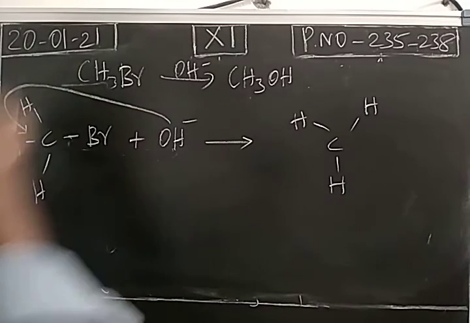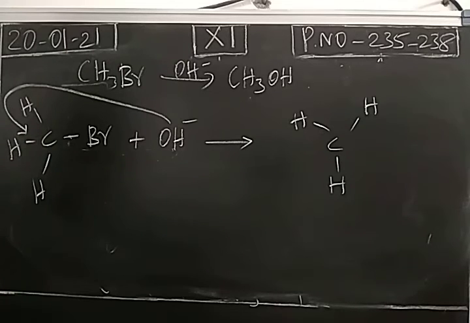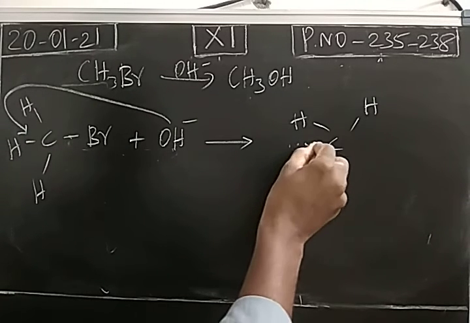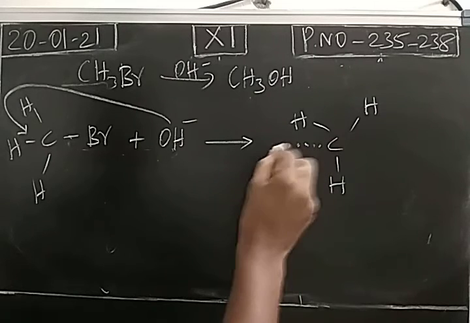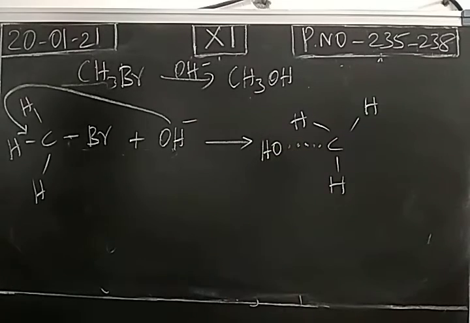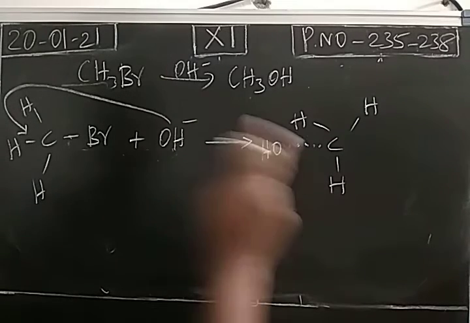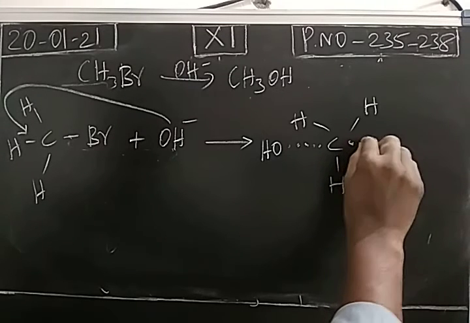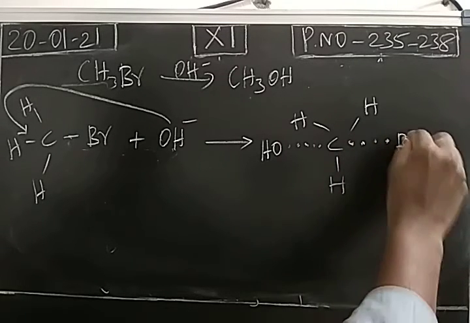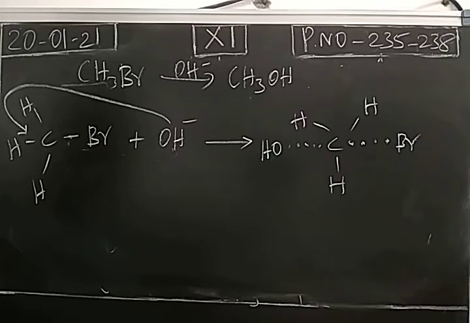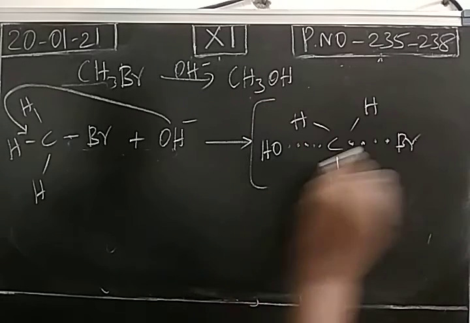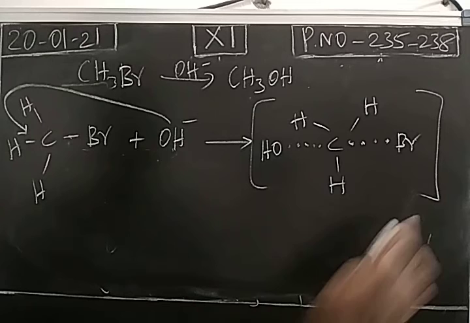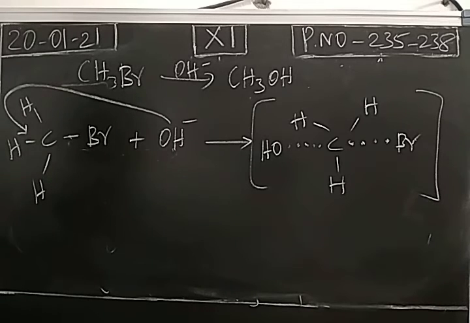When a nucleophile is attacking this carbon from the back side, it is trying to make a covalent bond. So the nucleophile is making a covalent bond with the carbon. At the same time, a covalent bond already exists between the carbon and the halogen. So this is called a transition state, unstable in nature, so it is enclosed in a bracket.